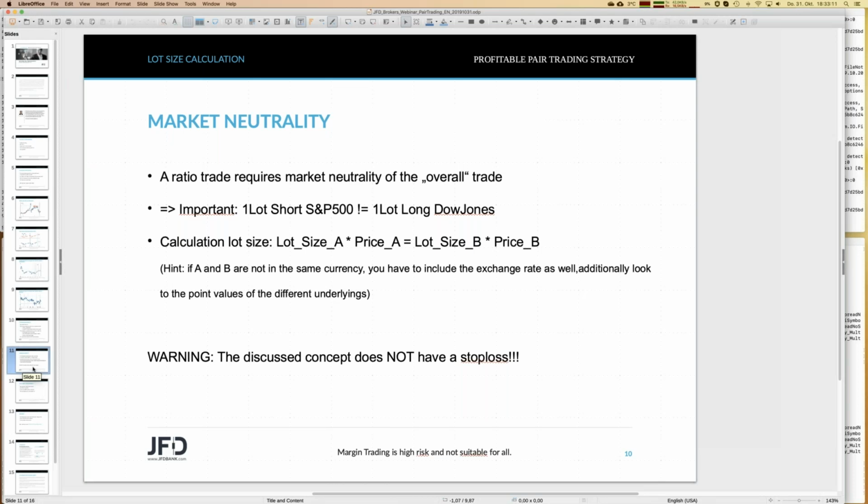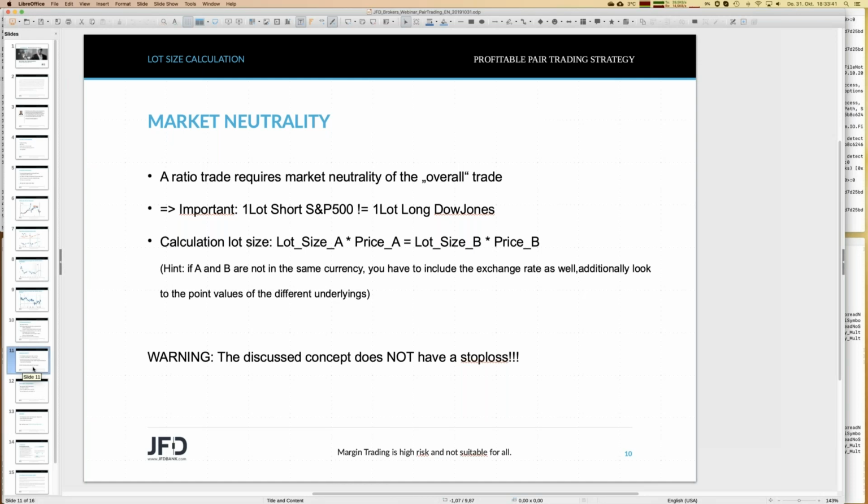So if both would increase the price by 10%, then definitely you would earn much more with your one lot long Dow Jones. Because if the Dow Jones goes up by 10%, that would be a couple of 1,000 points, which is perfect if you have such a trade.